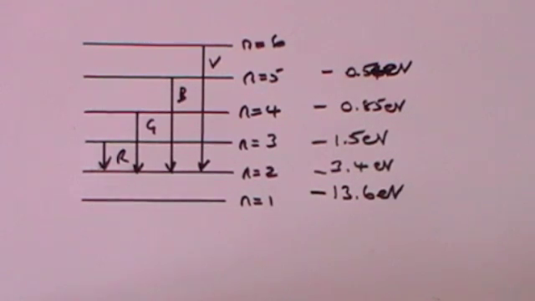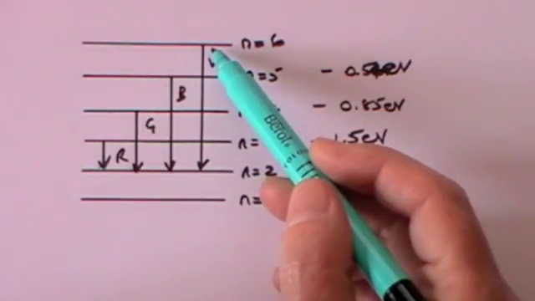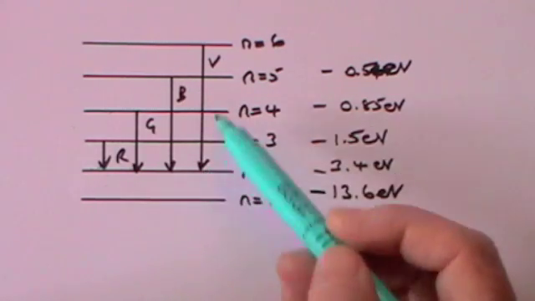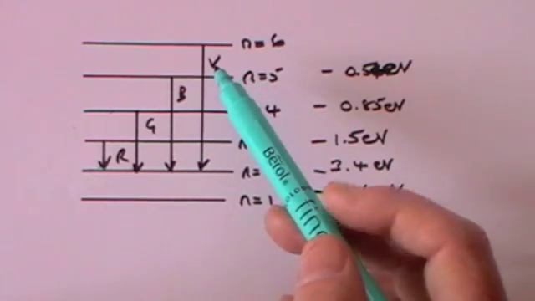Question 9. We're given the energy levels of a hydrogen atom, and we're told that the spectrum for a hydrogen atom consists of 4 distinct lines: red, green, blue and violet. The violet line represents the electron's transition from n equals 6 to n equals 2, and the photon that emerges is violet.